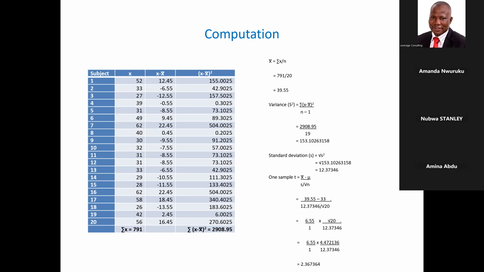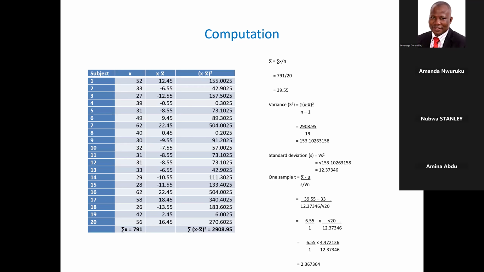I just have a question. After you calculate the frequency, which is x... Wait, there's no frequency here. Listen, which one is frequency? After you add all of x, it gives you 791.